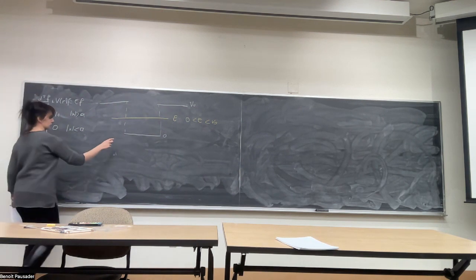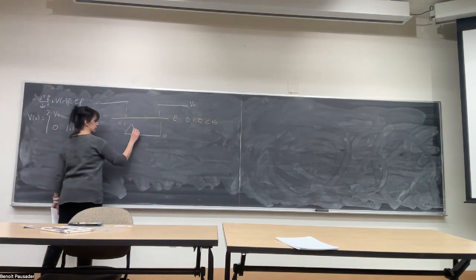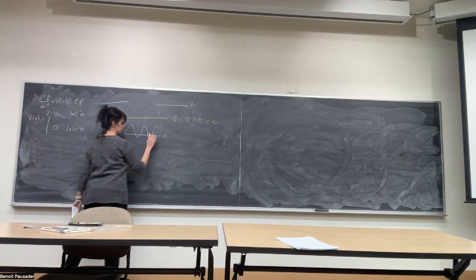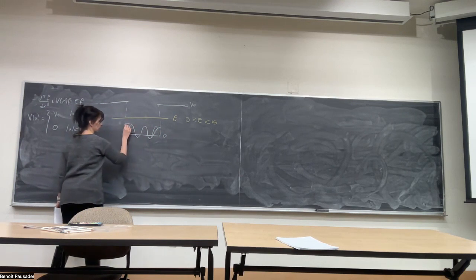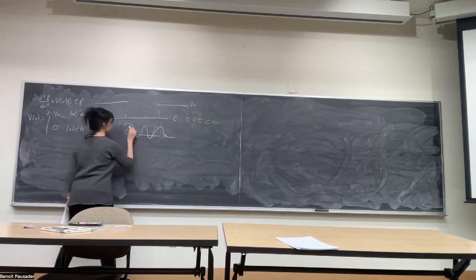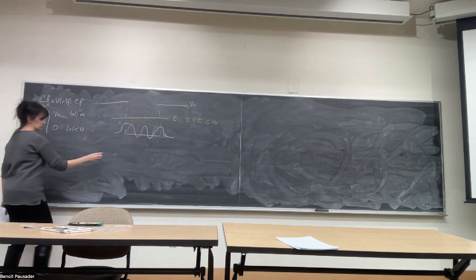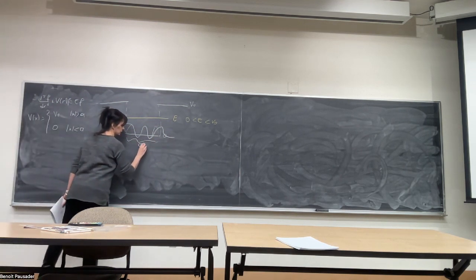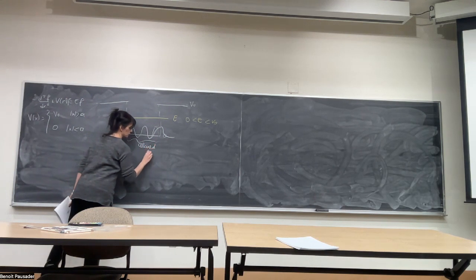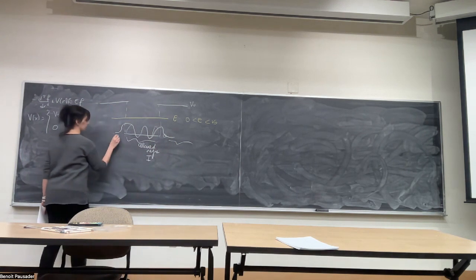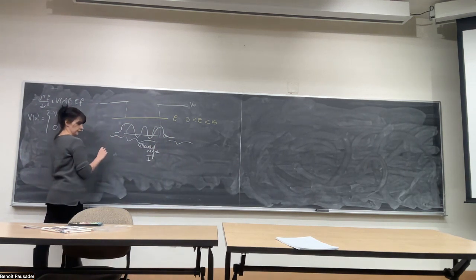And we know that here my solutions are oscillating, and I should keep them continuous. And here I have exponential, and that's because we can easily solve that. So this is called the allowed region, which we're going to call 1, and then these are called the forbidden.